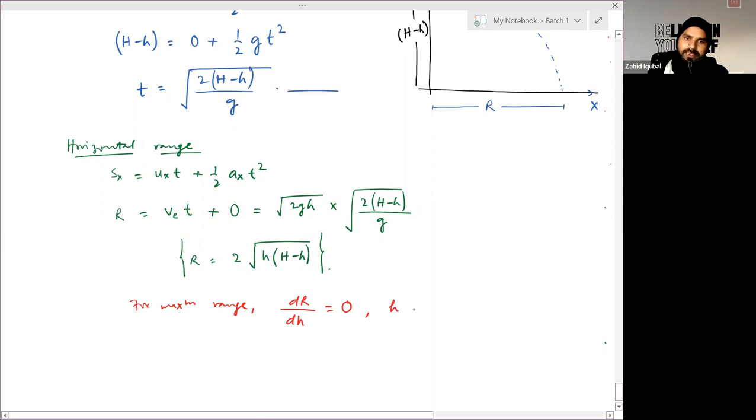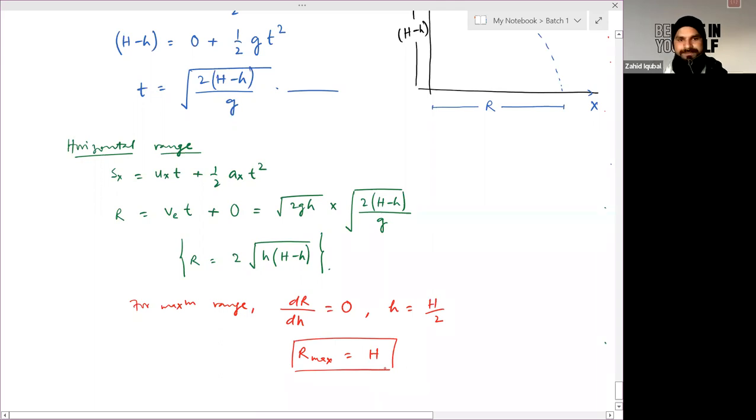You'll get h equals capital H by 2. It means the hole should be made at the midpoint of the tank so that you get maximum range. So R maximum will be equal to the height of the level of liquid in the tank.